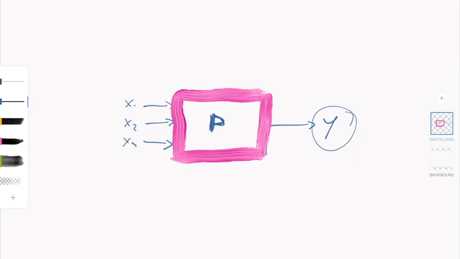Well, the great question is, which of the inputs of my process really have an importance on my output, on my Y?